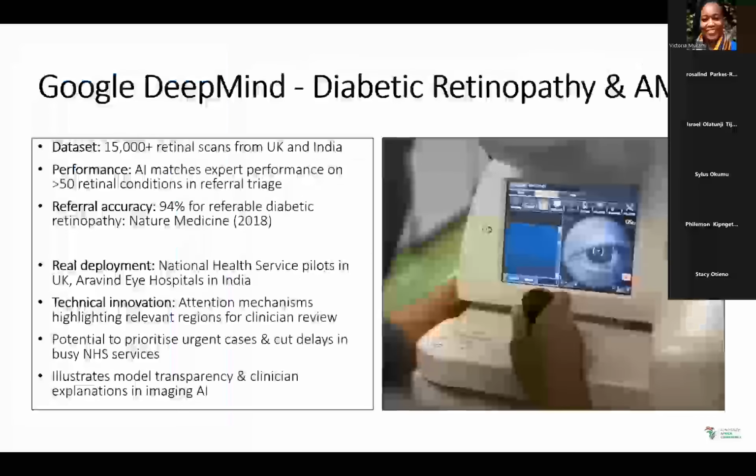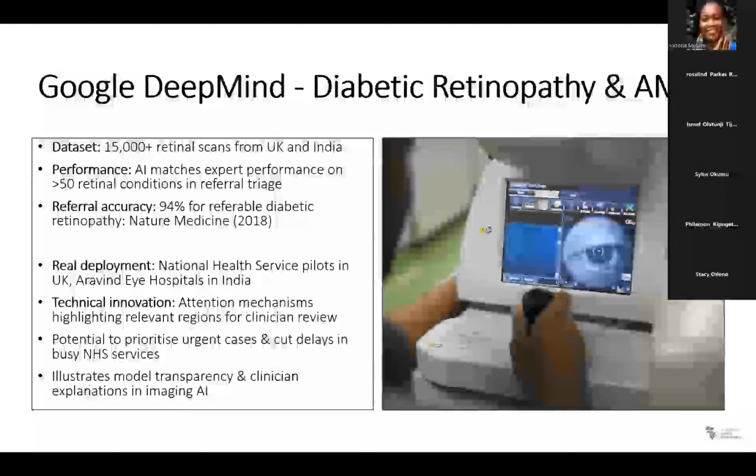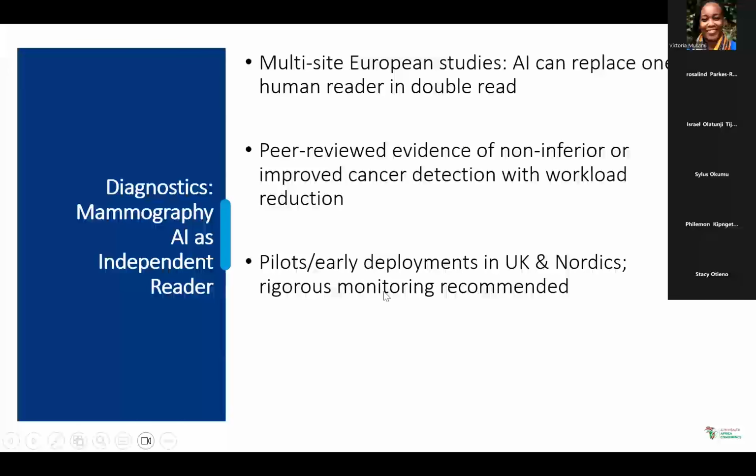So those are both diabetic retinopathy, which is really the one that has been going on the longest time and is most well developed and being used. Breast cancer screening is another area where mammography is being used.